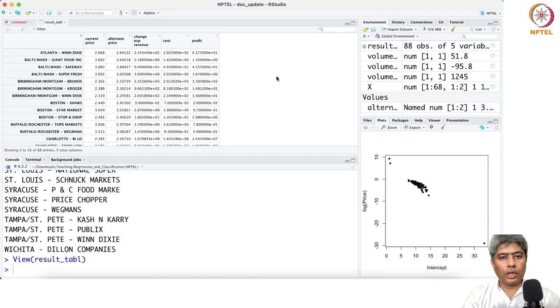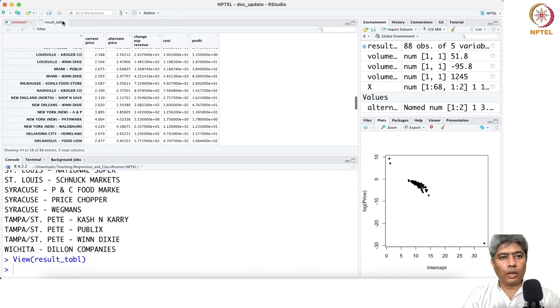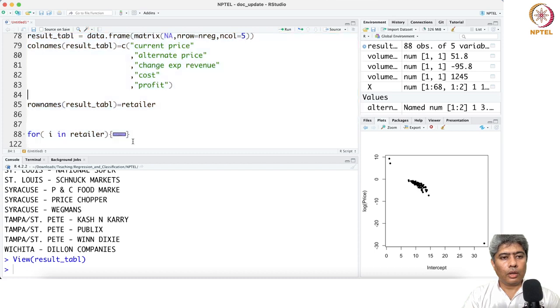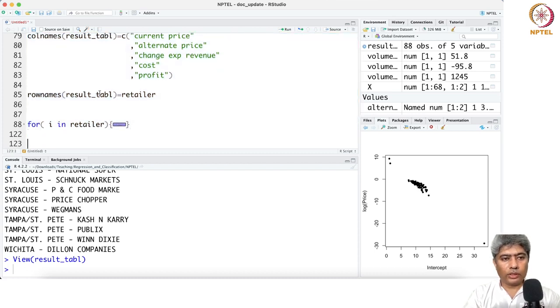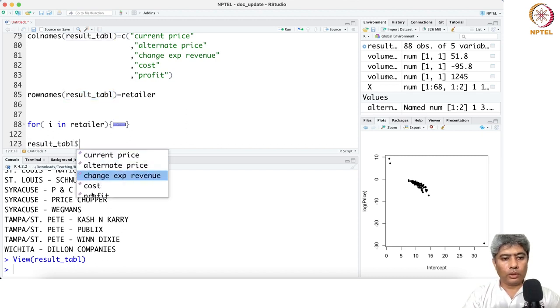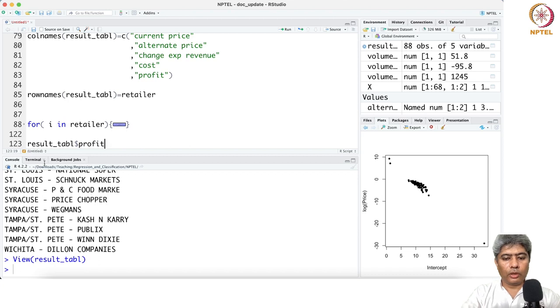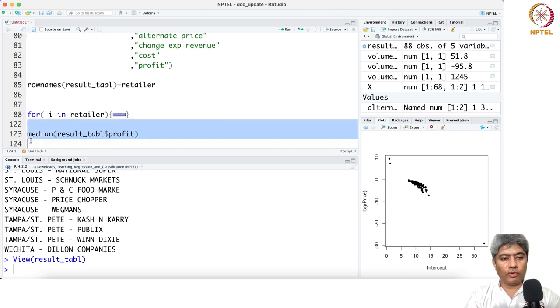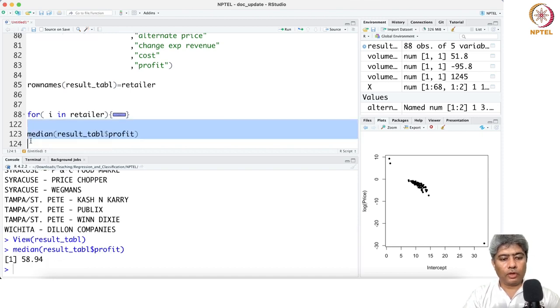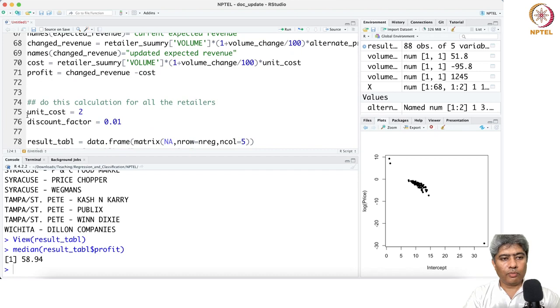You see, okay, so what I'm going to do is result table dollar profit, kind of median profit. What is my median profit, $58? Okay, so that makes sense.